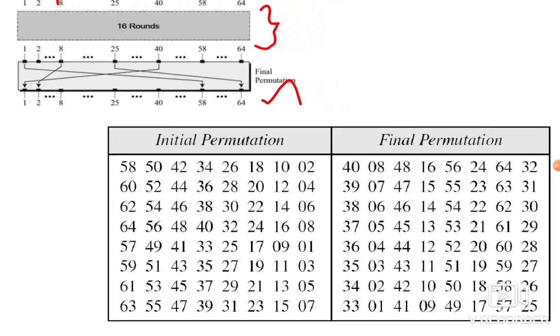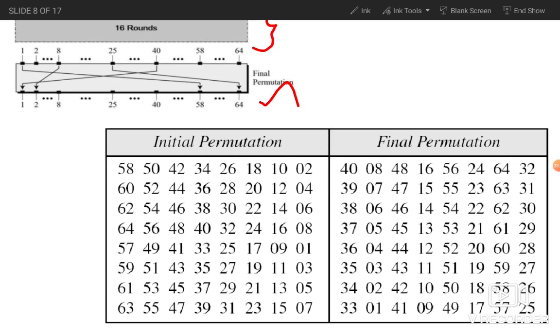This is how the initial permutation takes place. Filling this table is very easy. 1, 2, 3, 4, 5, 6, 7, 8, then 9, 10, 11, 12, 13, 14, 15, 16. Like this you have to fill the entire table.